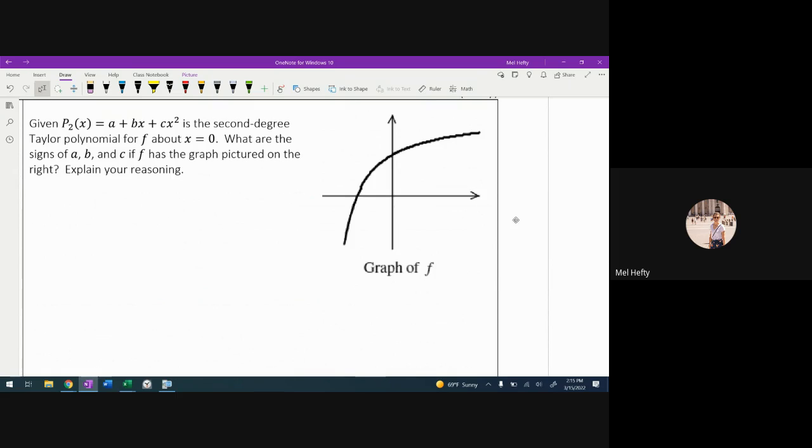So we've got this polynomial right here, a plus bx plus cx squared. It's a second degree Taylor about x equals 0. So what else could you call x equals 0? The center. Maclaurin.